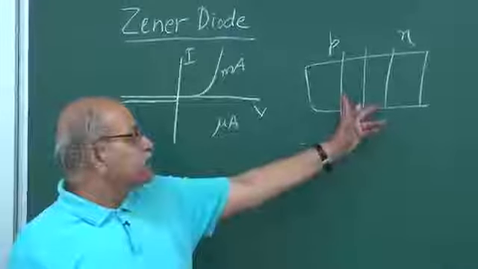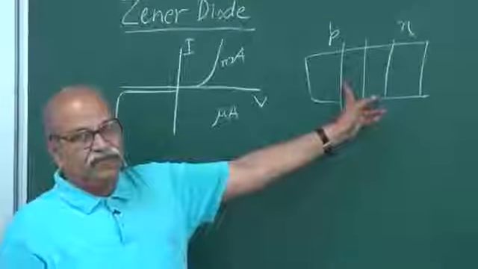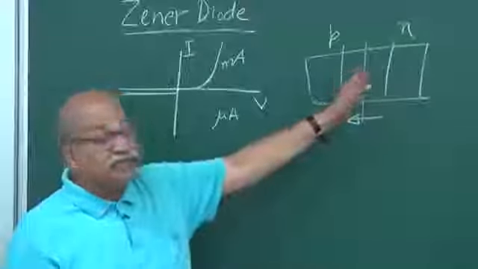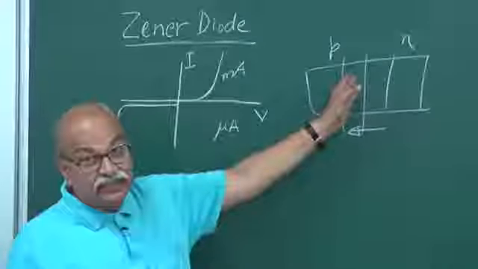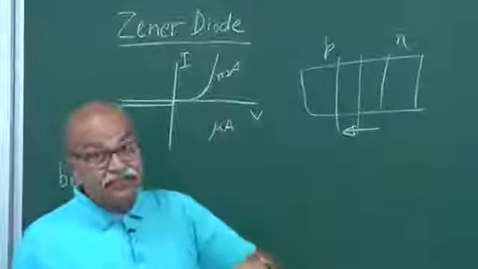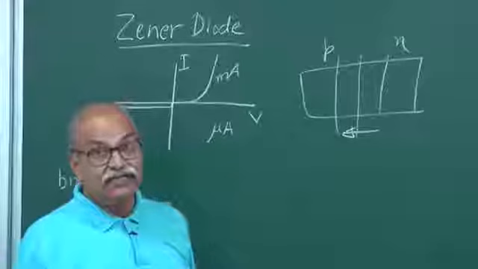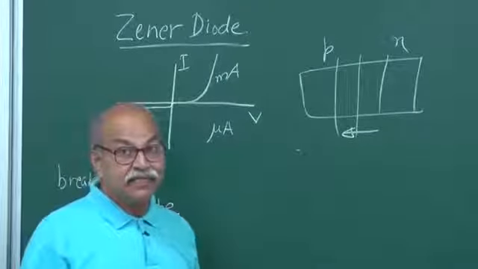So if the region is wide enough and the electric field is able to impart enough energy to the charge carriers so that they collide with the atoms and break the bonds, new electron hole pairs are created.